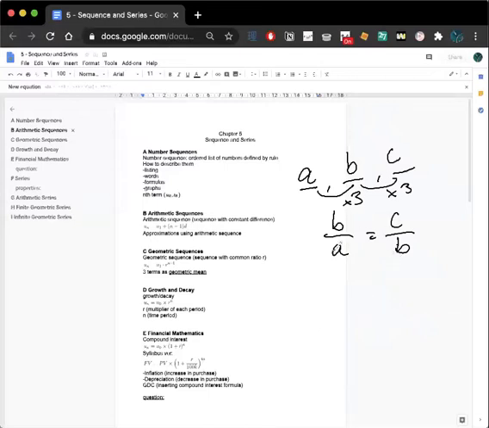So we can move this and turn it into B squared equals CA, and that would get you the square root of plus or minus CA equals B. In this case, because it's a regular sequence, we can kind of assume that the square root of CA is positive.